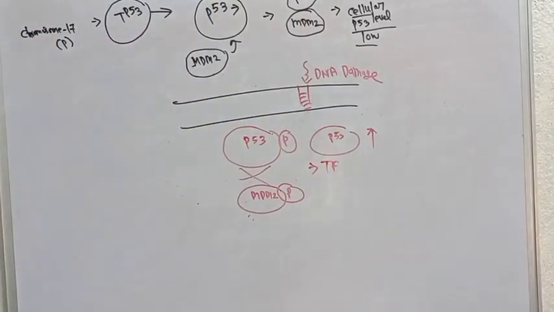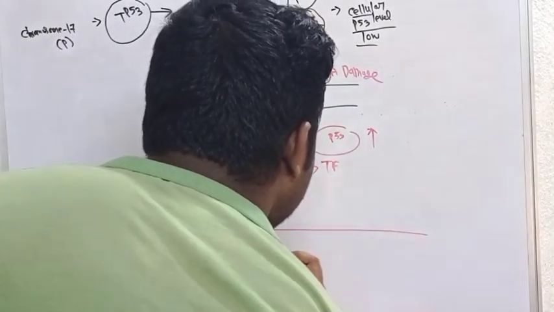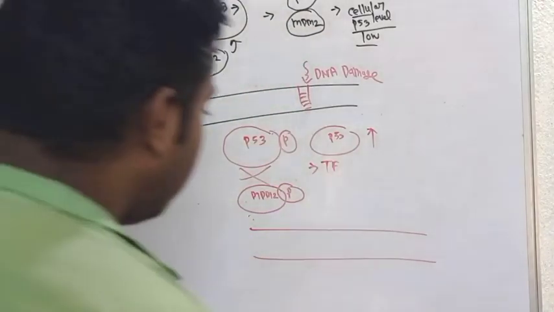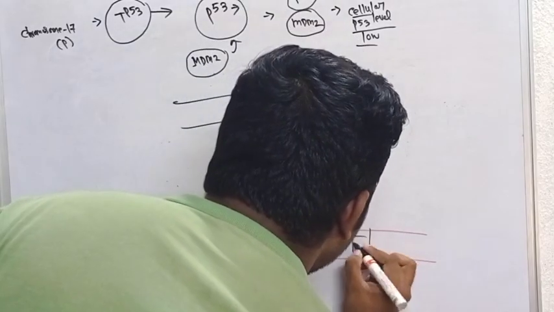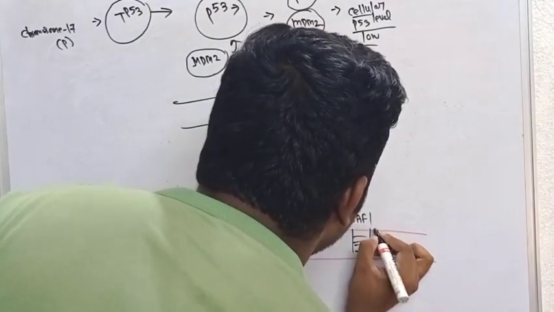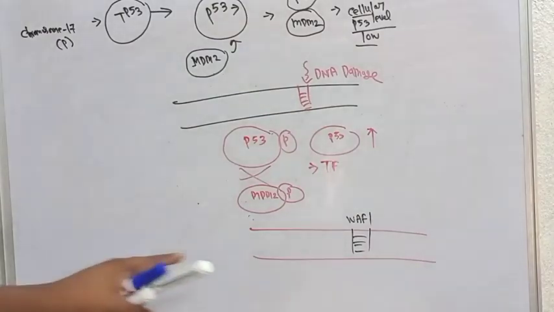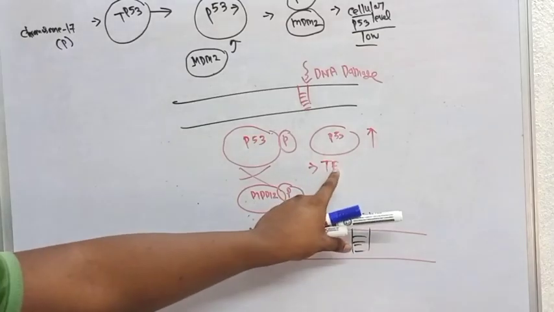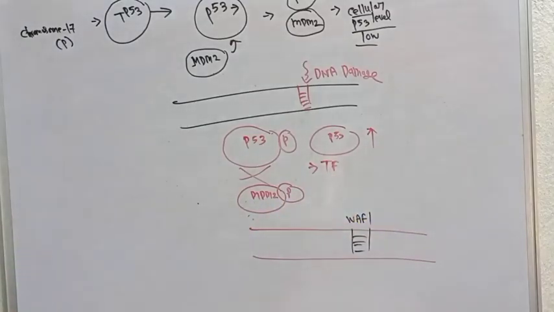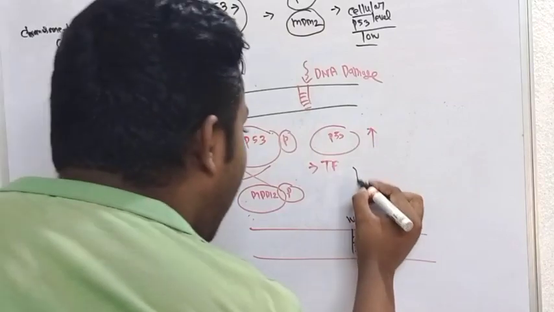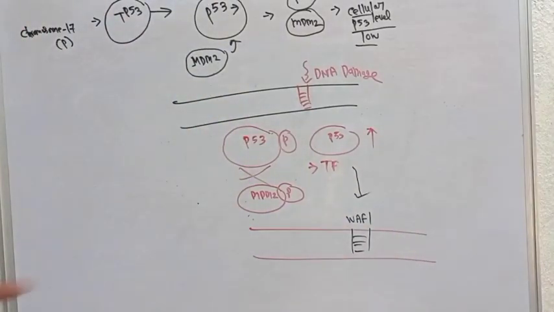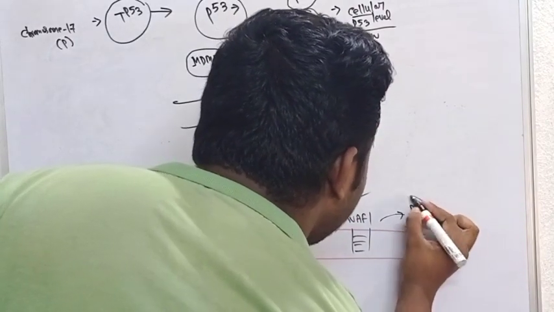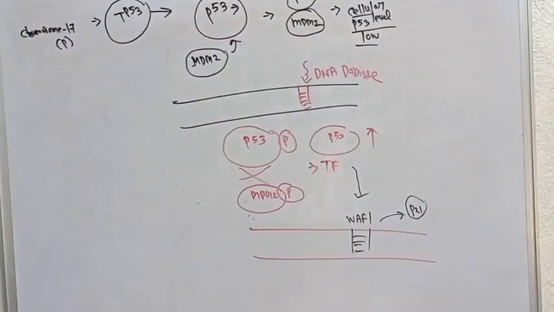P53 increases the transcription of a specific kind of gene called WAF1. WAF1 codes for a protein called P21 protein.